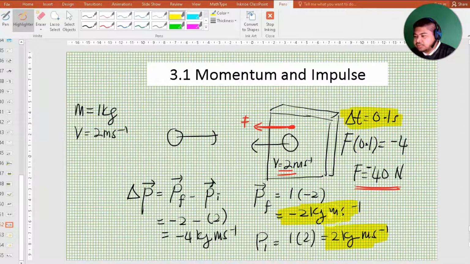So the amount of force required for this change to happen in this particular time is 40 Newton. So a 40 Newton force applied in 0.1 second will change the momentum of the object from 2 to -2. Alright, I think that is all for this section.